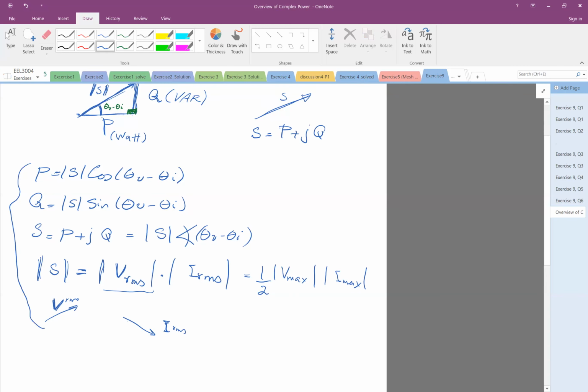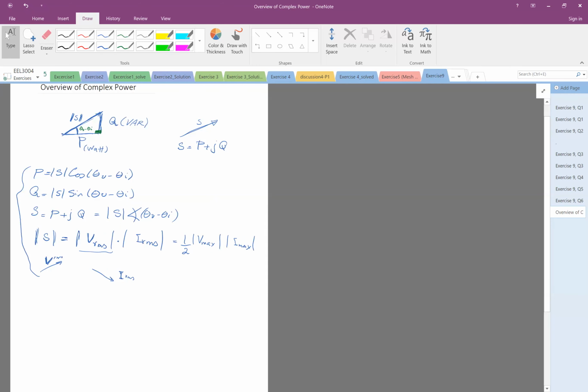Now, let's say an element in a circuit is given.